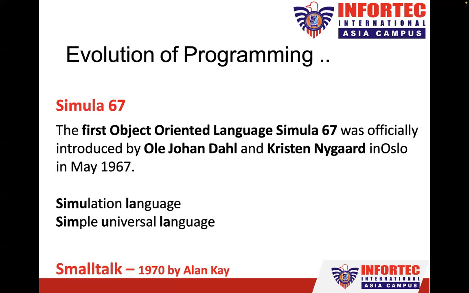But you know, at the beginning, there was no programming language called Java. The very first object-oriented programming language was Simula 67. And they used this programming language and developed the very first object-oriented programming software. It is Smalltalk.